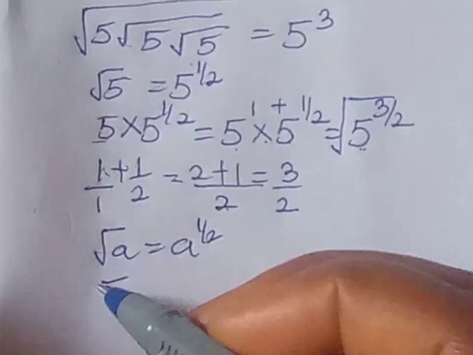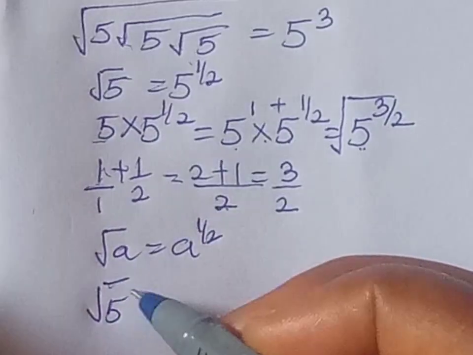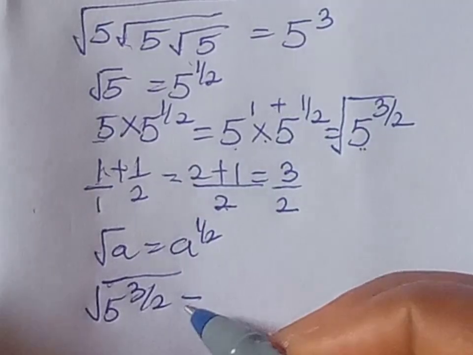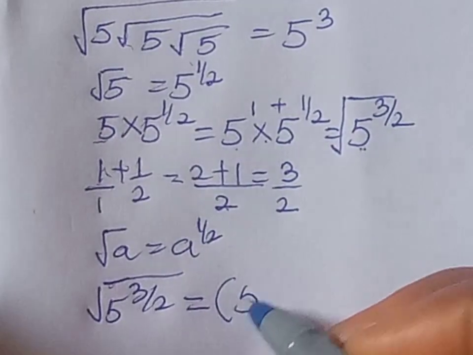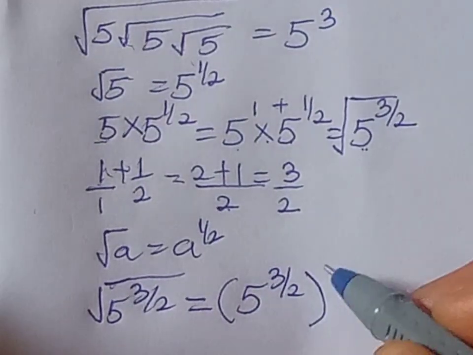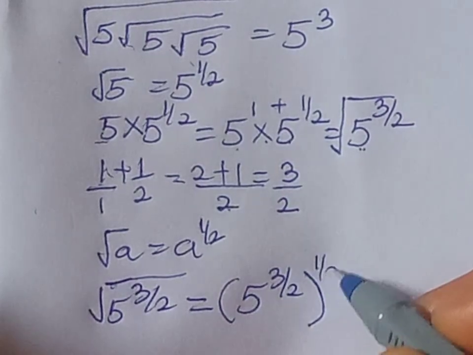Therefore, square root of 5 raised to the power of 3 over 2 will give us 5 raised to the power of 3 over 2 raised to the power of half.